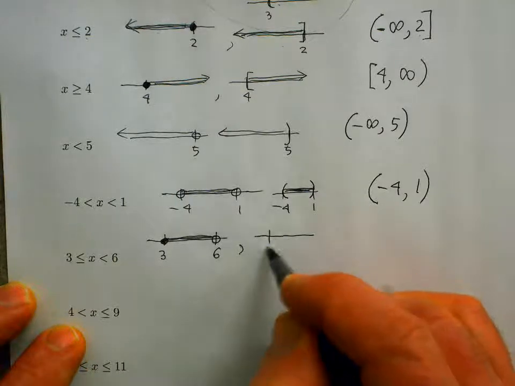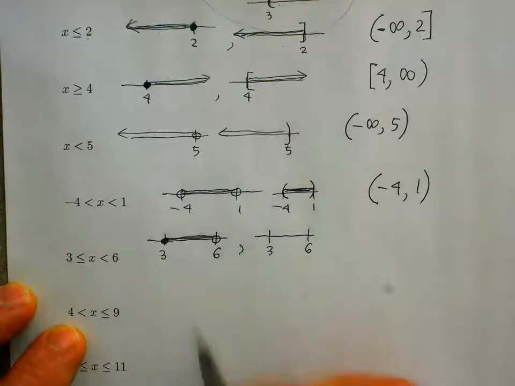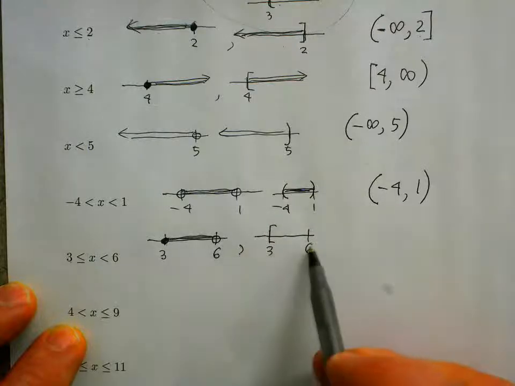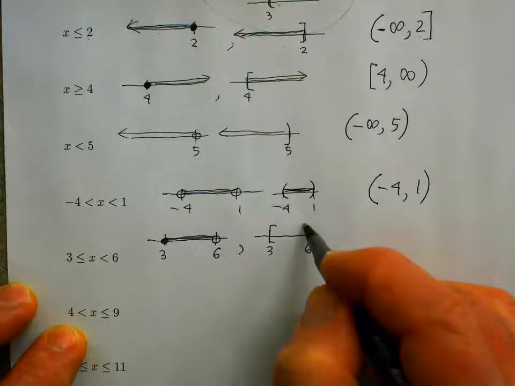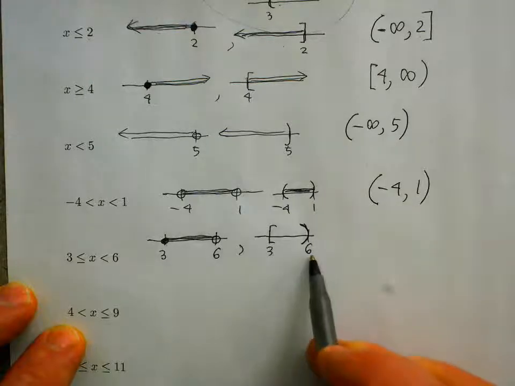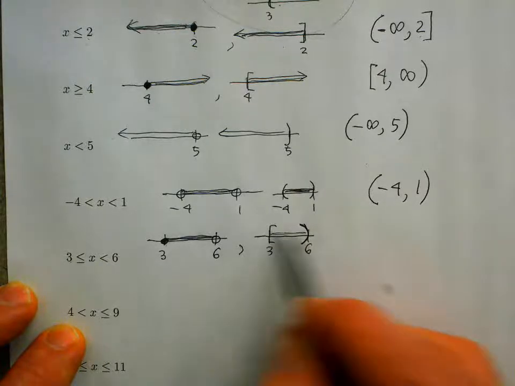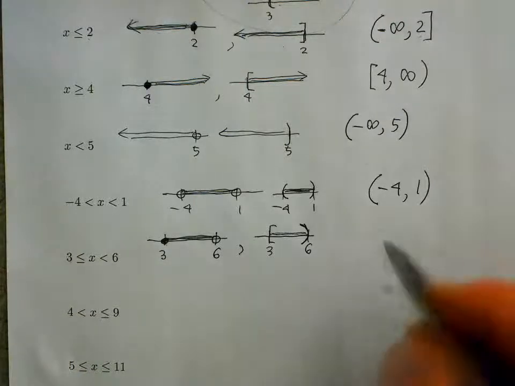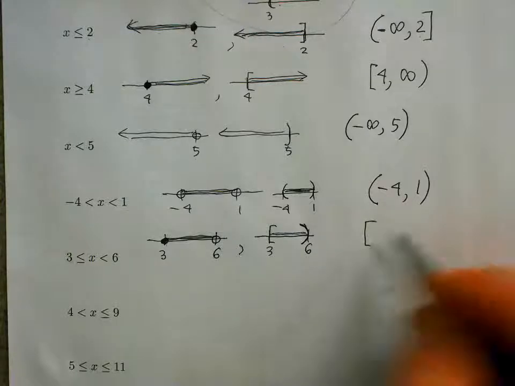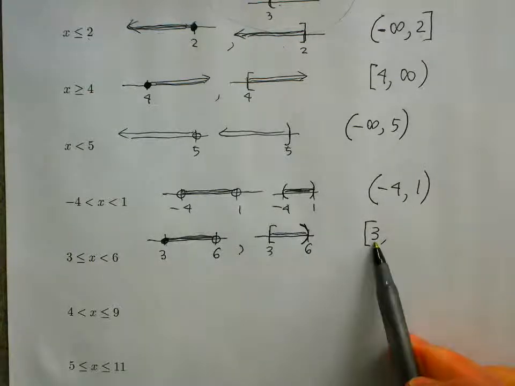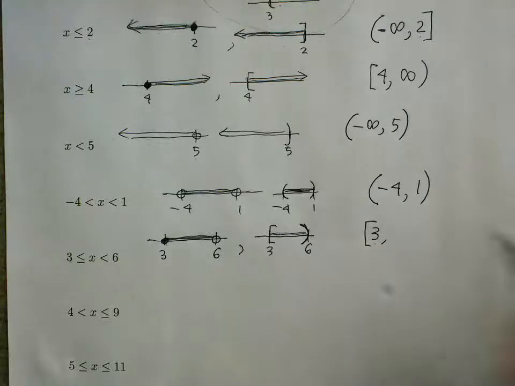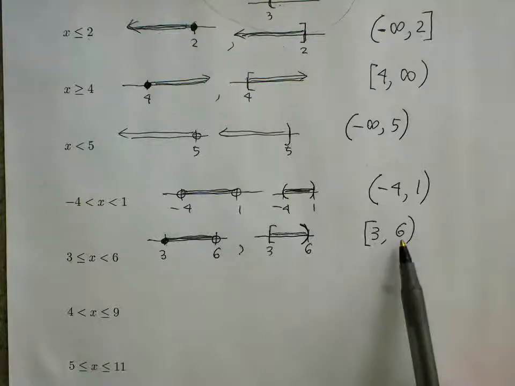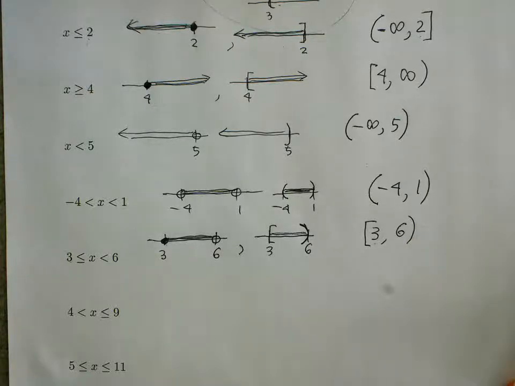The alternative, we can put a bracket at 3 to indicate that 3 is included, put a parenthesis at 6 to indicate that 6 is not included, and then shade everything in between. And then the interval notation, we put a bracket 3, that means 3 is included in this set, and comma 6 parenthesis. A parenthesis is next to 6 because 6 is excluded.